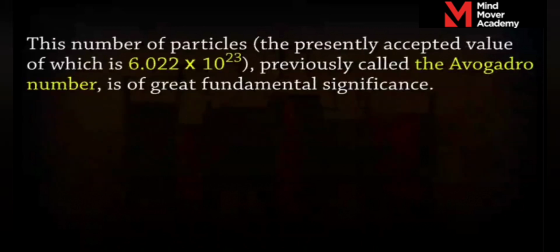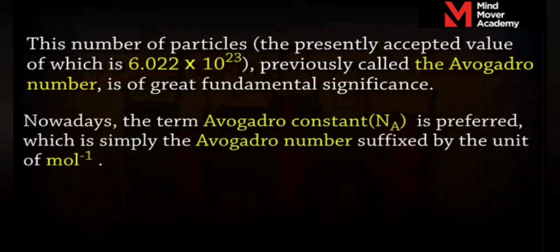This number of particles, the presently accepted value of which is 6.022 into 10 to the power 23, previously called the Avogadro number, is of great fundamental significance. Nowadays, the term Avogadro constant NA is preferred, which is simply the Avogadro number suffixed by the unit of mole raised to power -1.